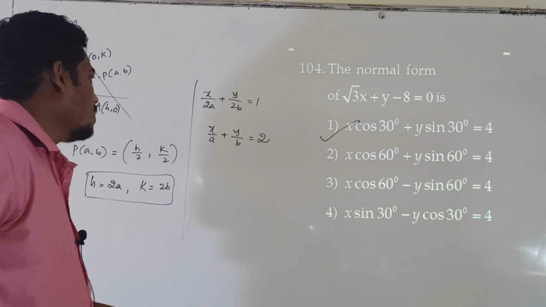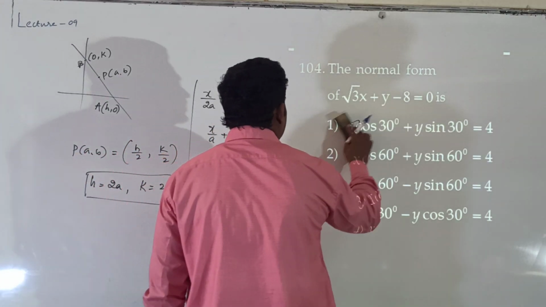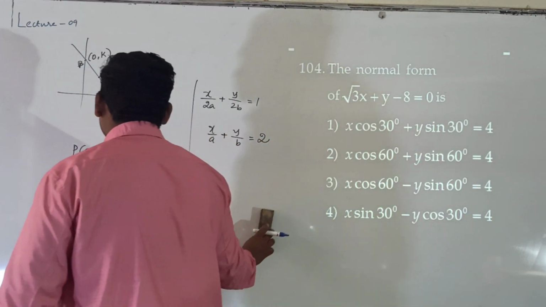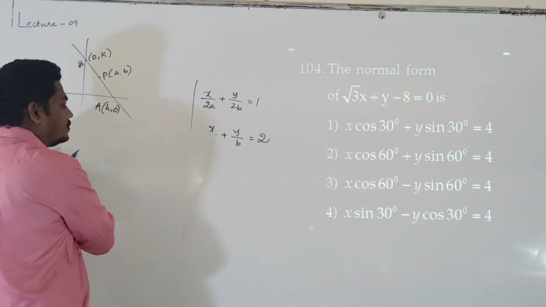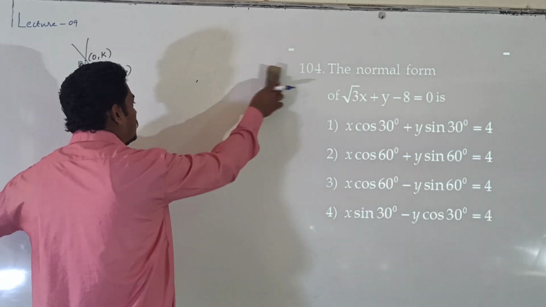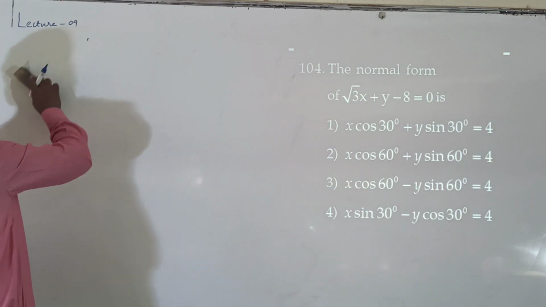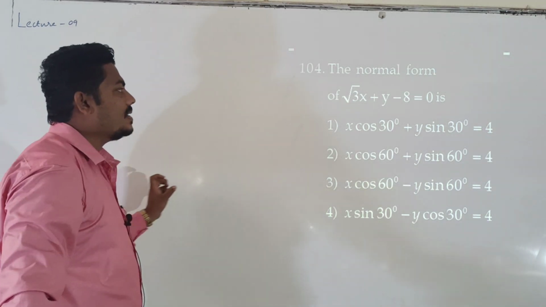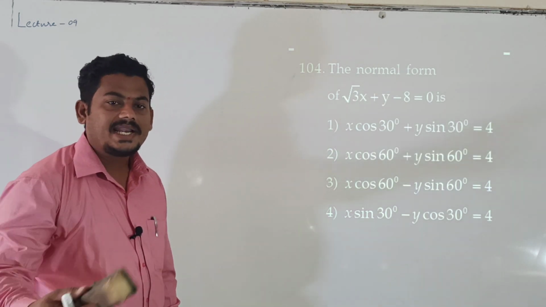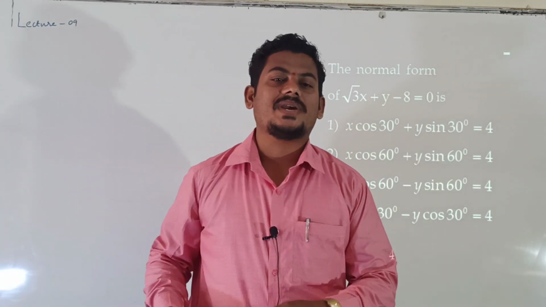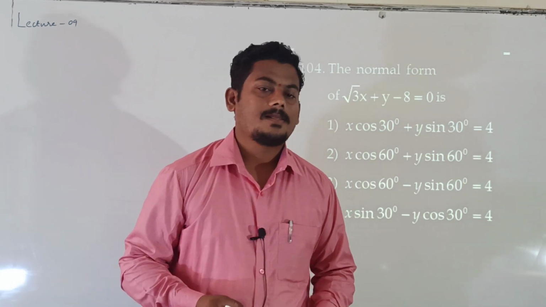Next, question number 104. The normal form of this line is, already you know how to reduce a given equation into normal form, right?